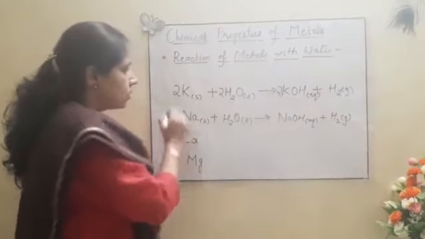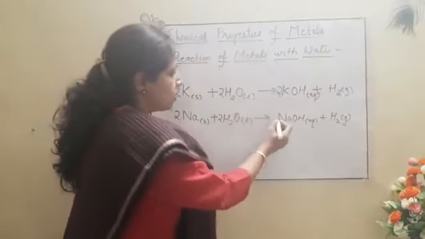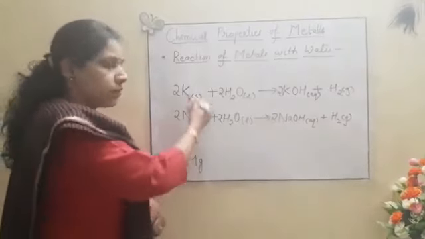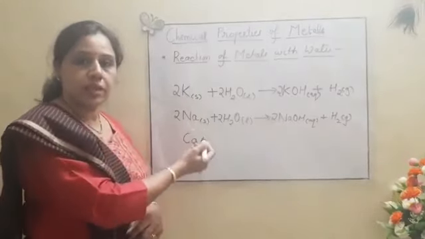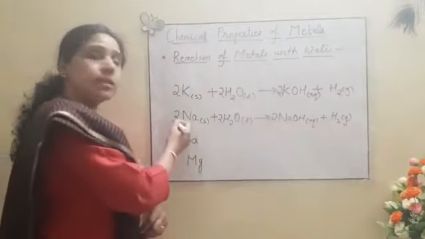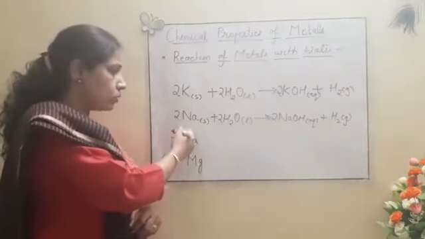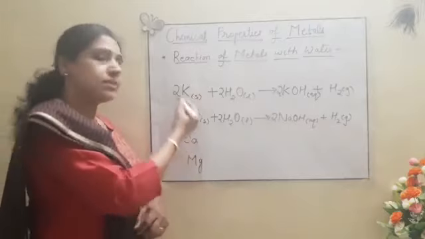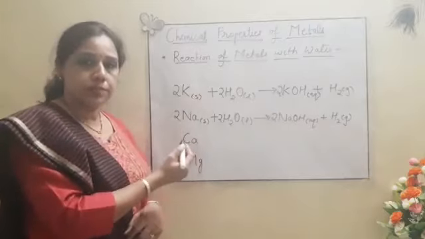So 2 here, also 2 we will have to write, and here again. The only difference between these two is the rate of reaction. This reaction happens slowly as compared to potassium. This suggests that sodium is less reactive than potassium.